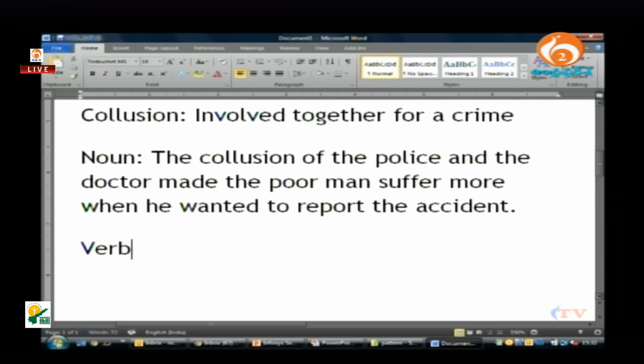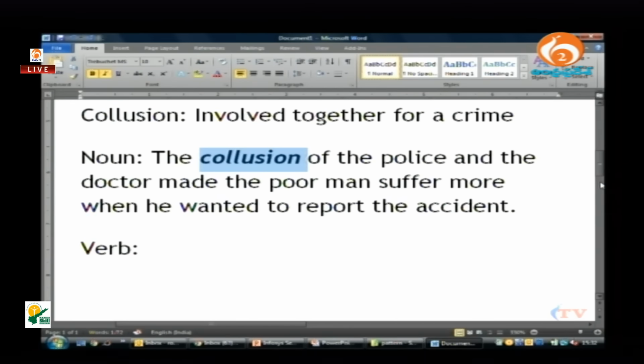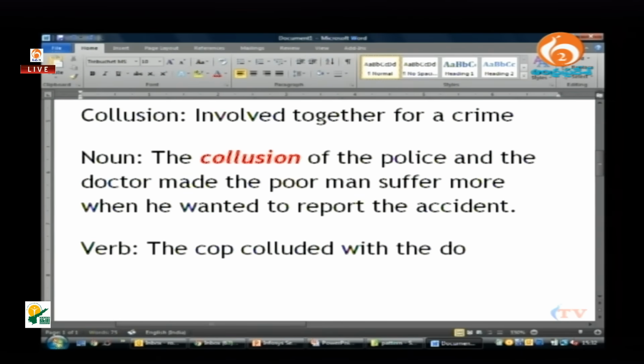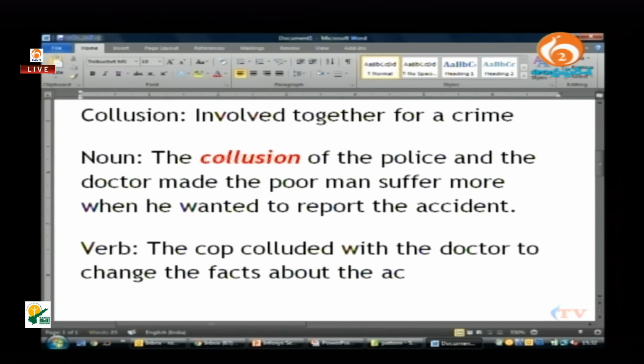Now I am using this word as a verb. The cop colluded with the doctor to change the facts about the accident.